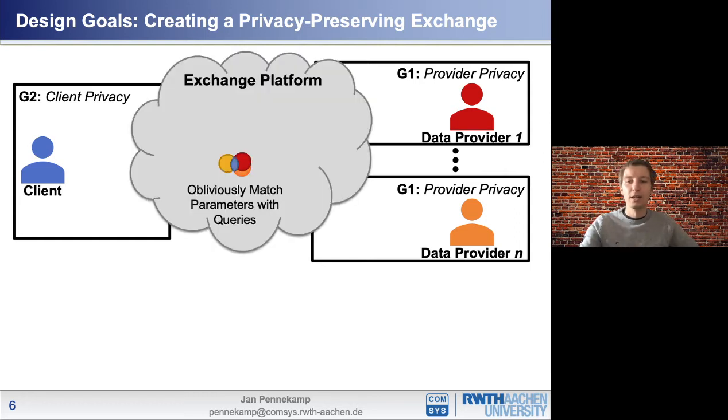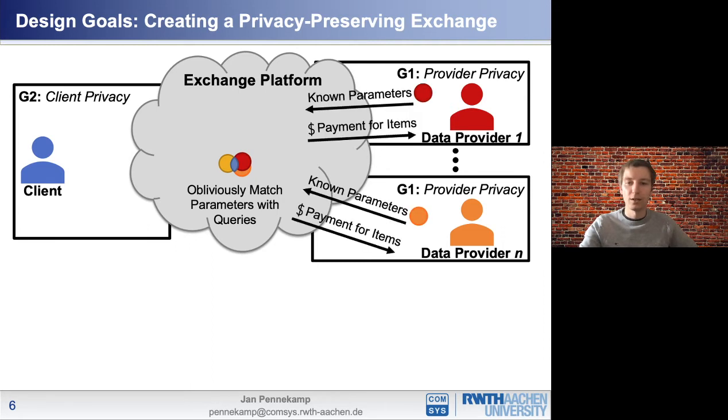Centrally, we have this exchange platform that should obviously match the client queries with the parameters that are available from the providers. Now, how does that work? Initially, the providers share their known parameters, and in return, they expect some kind of payment for the items.